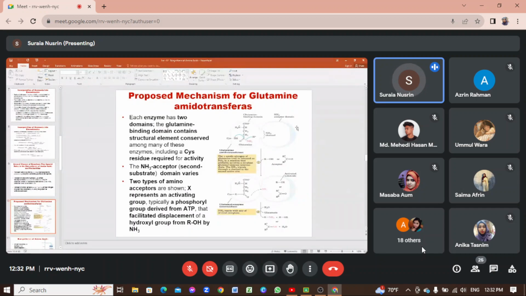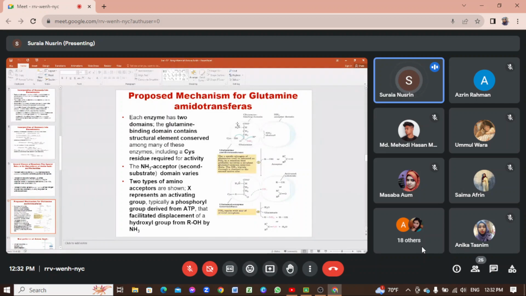So we can say this enzyme has two active sites where two different substrates are interacting, one interacting with glutamine, another interacting with the amino acceptor domain. And these two domains are connected by a channel, and that is called the ammonia channel.